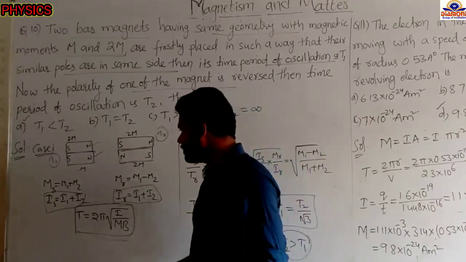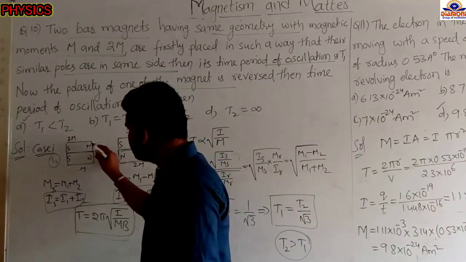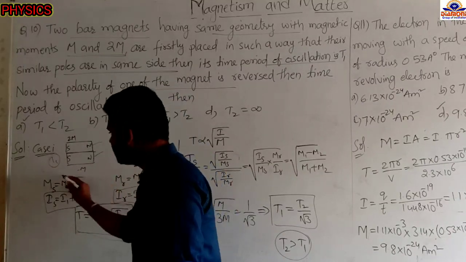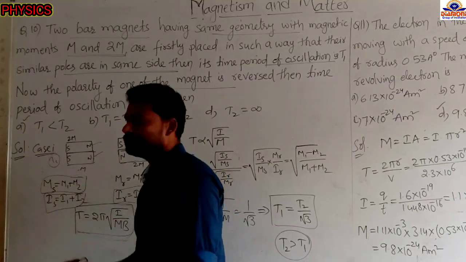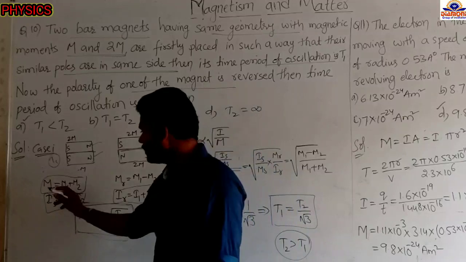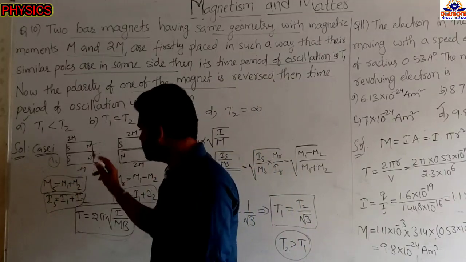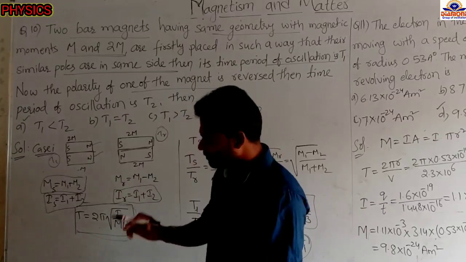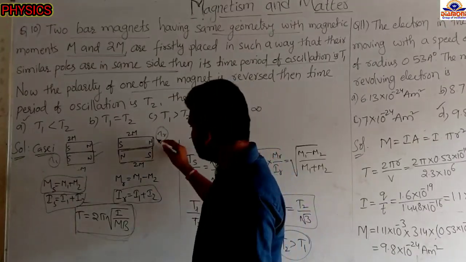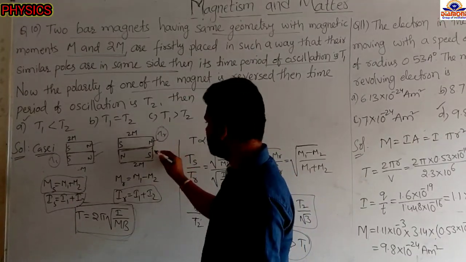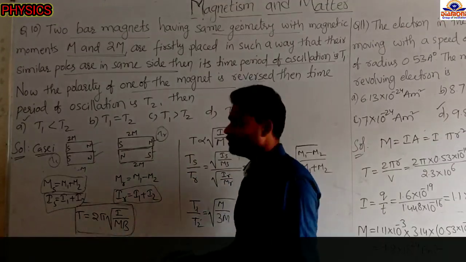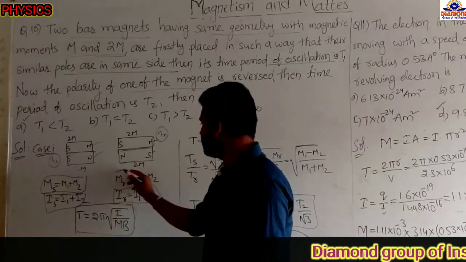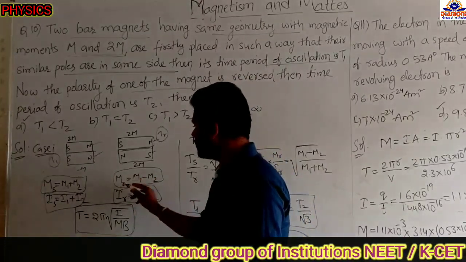Now let us see the magnetic moment. If similar poles are on the same side, then the magnetic moment equals the sum of the magnetic moments, M1 plus M2. And if unlike poles are on the same side, north and south, then the resultant magnetic moment is the difference of the magnetic moments, M1 minus M2, because we are reversing the direction.